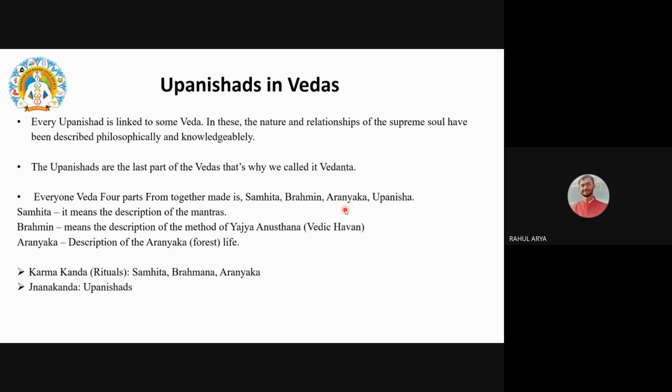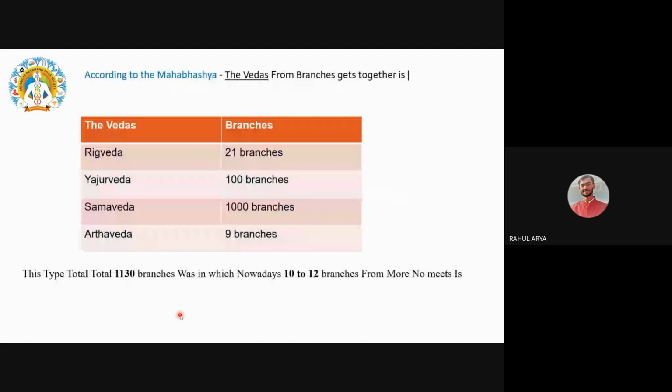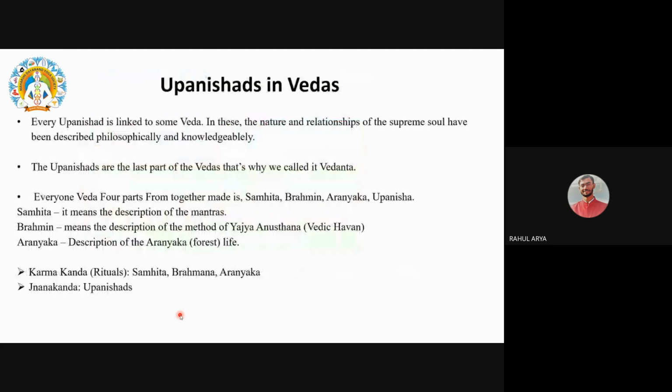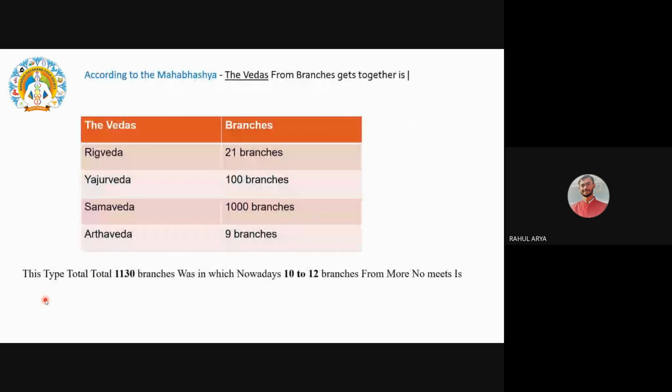The Aranyak also describes the ashram, and the Upanishad is full of knowledge. The first three, Samhita, Brahmin, and Aranyak, are the Karma Kanda, the rituals. And Upanishads we consider the Jnana Kanda.